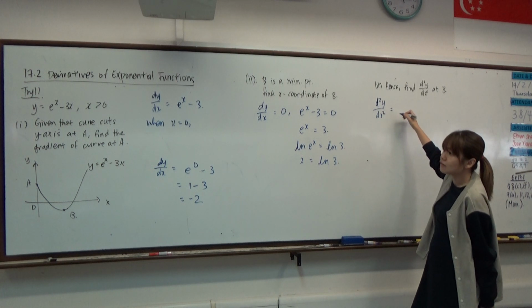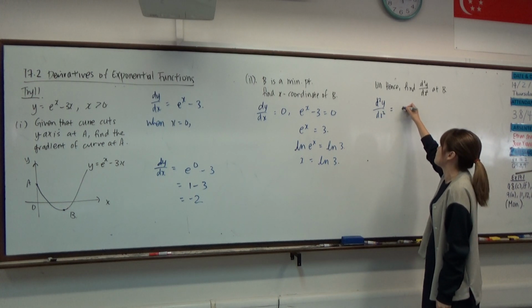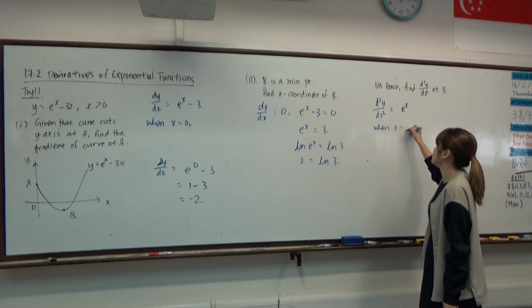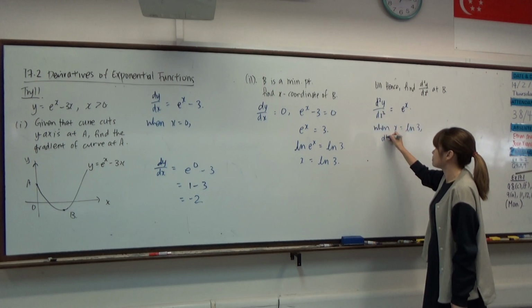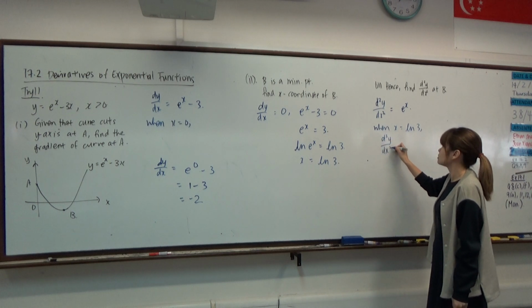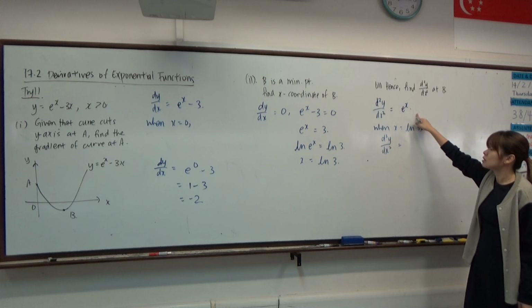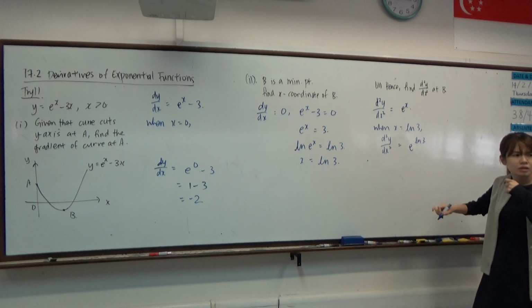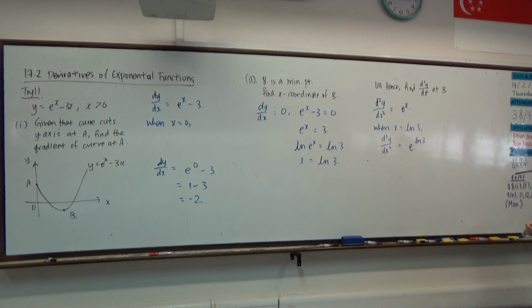So the second derivative would be equal to e to the power x. And when x equals ln 3, you don't need to do that because e to the power x equals 3 is already given.